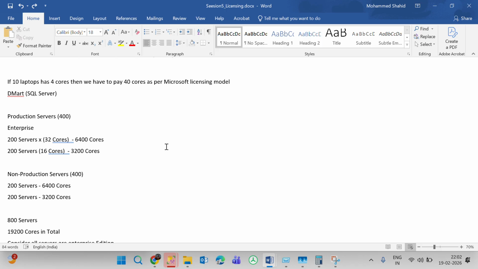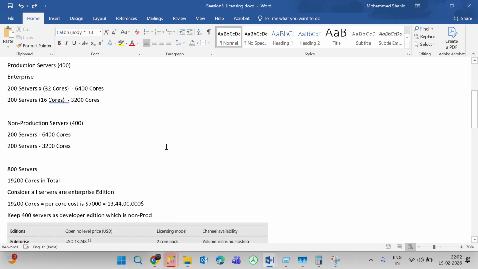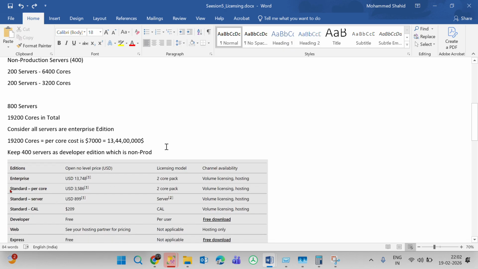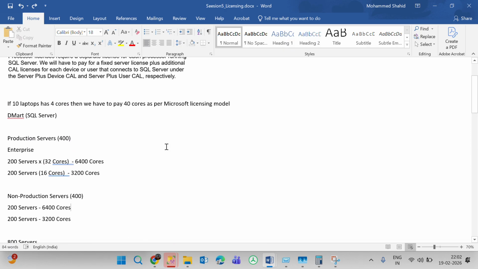Like that, you can suggest to them, and that's it. I have discussed enterprise core-based licensing and standard core-based licensing.